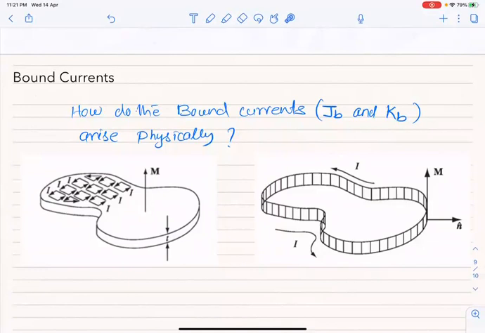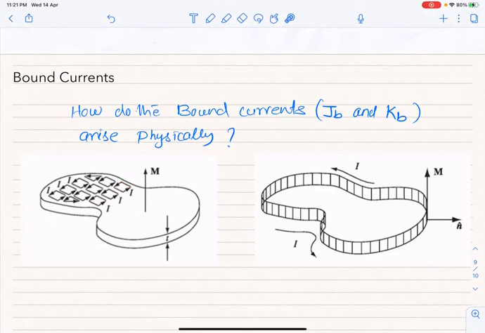If you take two such adjacent loops, because of the direction of the current, the adjacent sides cancel, and that will happen throughout the inside. Only at the edges will it not be able to cancel, because there is no adjacent loop to cancel it.